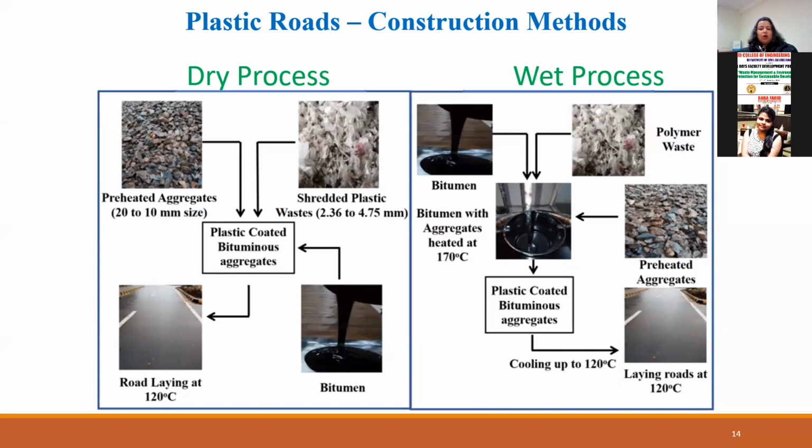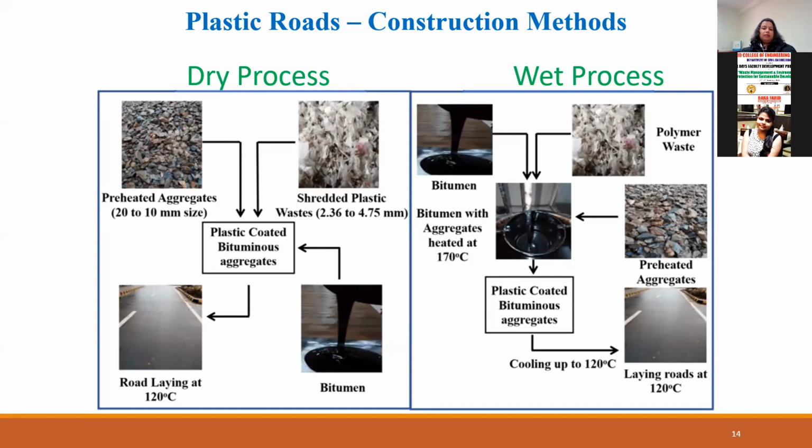So now I'll come to the wet process. The little difference that the wet process has from the dry process is that you don't go for preheated aggregates. You take the bitumen first, and then you add the polymer waste to the bitumen itself. And it is not in shredded form, like shredded plastic from 2.36 to 4.75 mm.